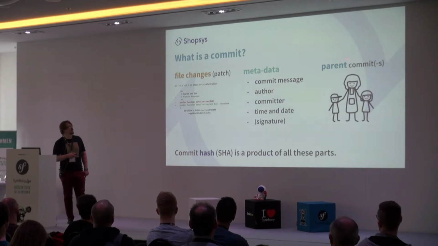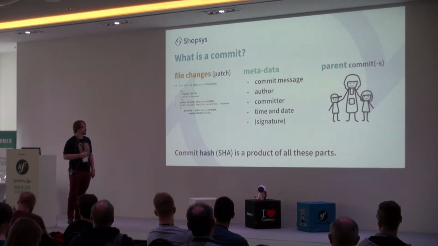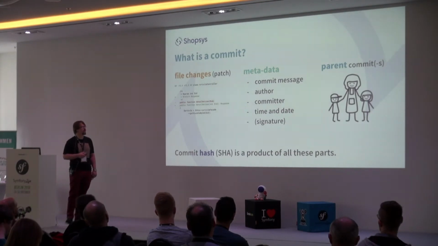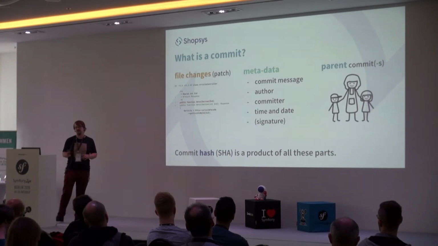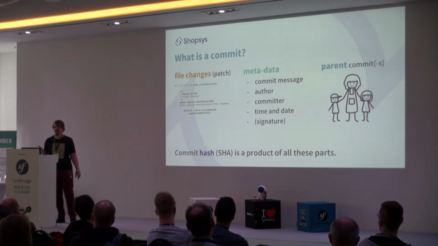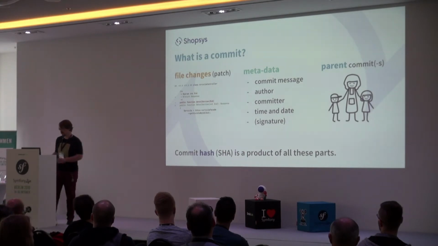The important thing is that there is nothing more than these three pieces in a commit. And these three pieces are just taken together, hashed, and that's the thing you see when you look at a commit.